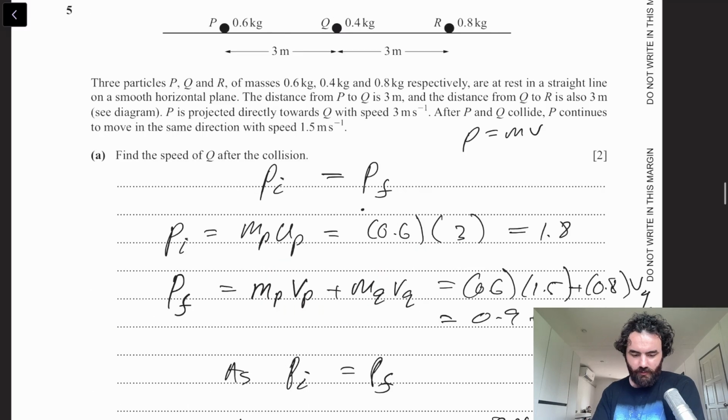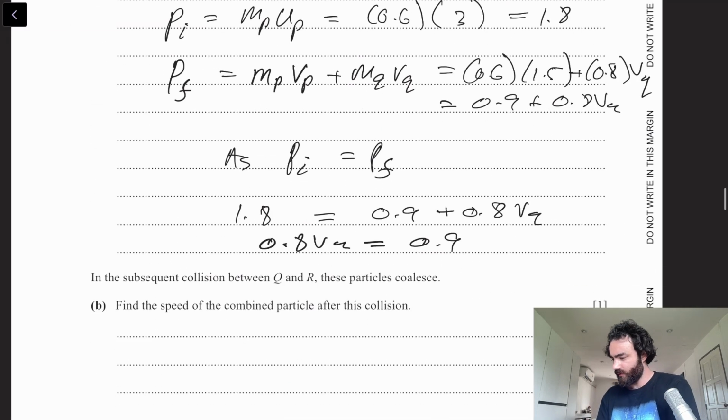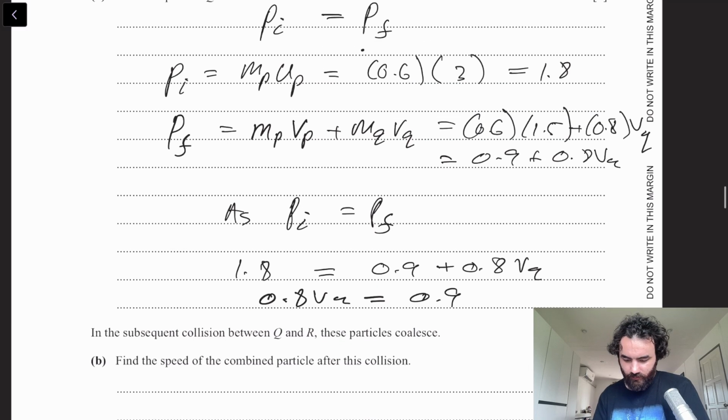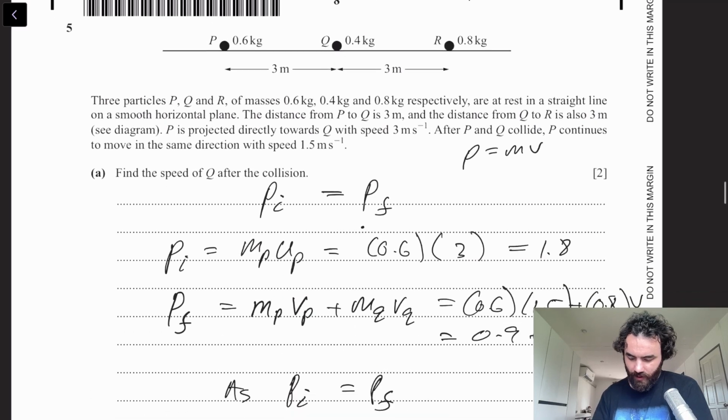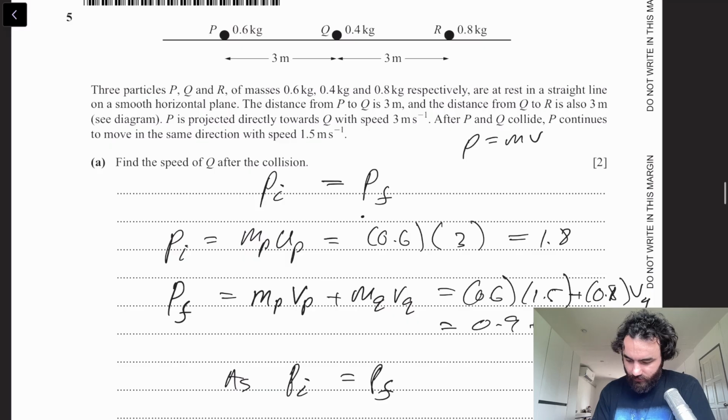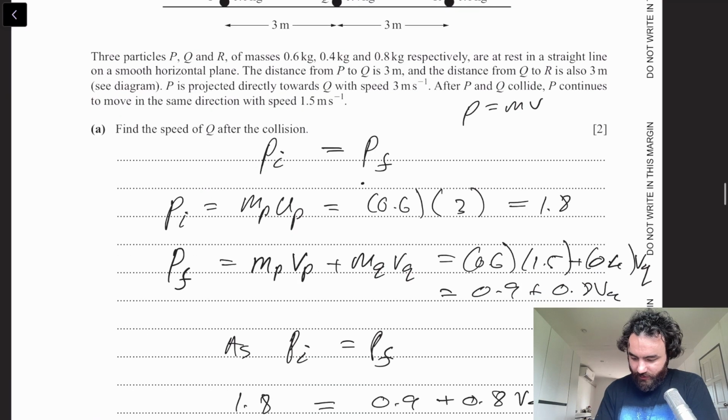Momentum is 0.9, 0.6 times 1.5. So the mass is not that. God, this is so bad, I'm sorry. I'm probably going to prepare next time. This is 0.4.